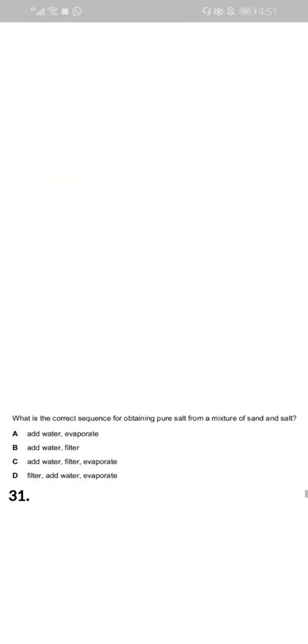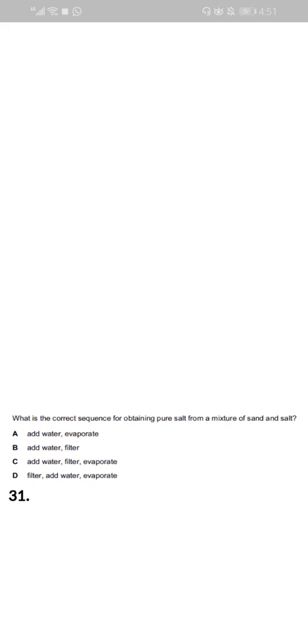In the case of this MCQ, what is the correct sequence of obtaining pure salt from a mixture of sand and salt? Salt is soluble in water. If you add water and filter, you may obtain sand, but you cannot obtain pure salt because water is still present in the filtrate.